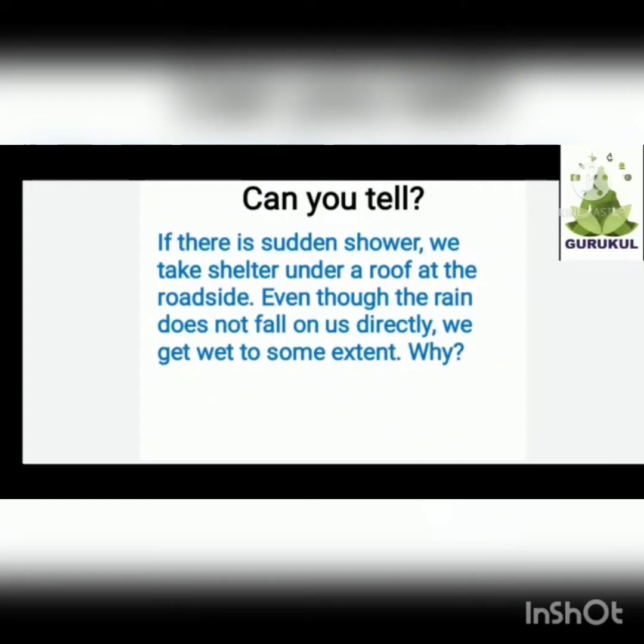Correct? In the rainy season, all of you have experienced this. Correct? Even though the rain does not fall on us directly, we get wet to some extent. But do you know why this happens?